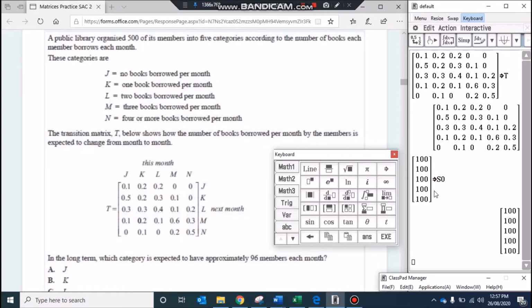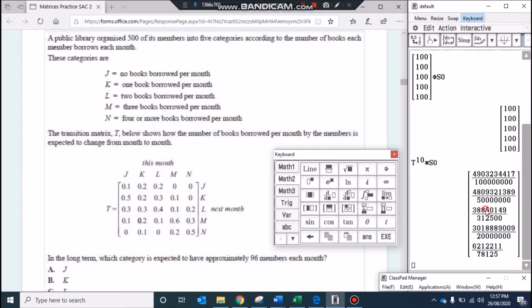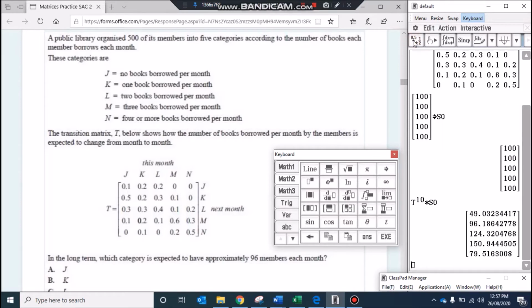All right. Now what we can do is work out our steady state here. Let's try with 10. You can see we are looking for the category that's expected to have 96 members. We've already got a number that has 96, but let's try 100 to confirm that this is actually our steady state.